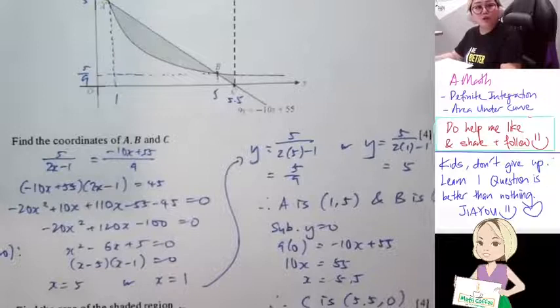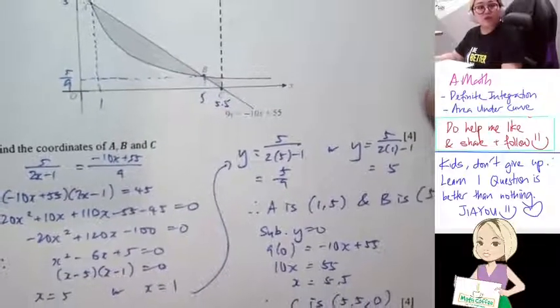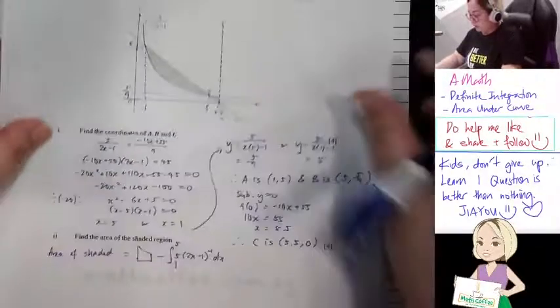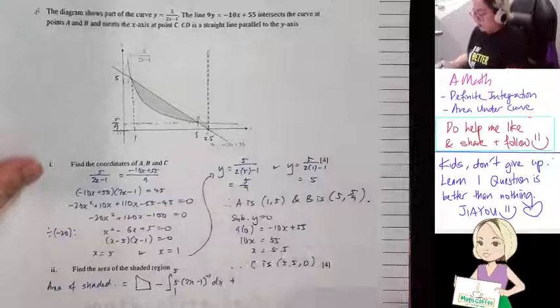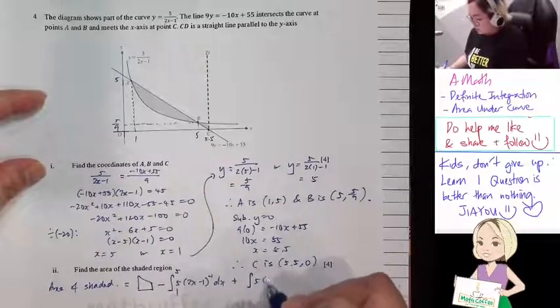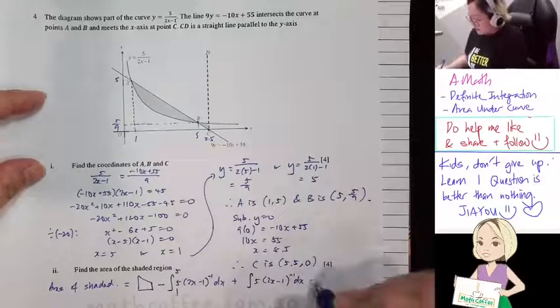The smaller one will be a little bit tricky. I will have to take the area under the curve minus the triangle. So I have to take plus the integration, same thing, 5 over (2x minus 1) dx, minus the triangle.